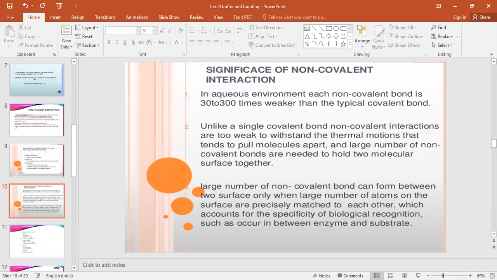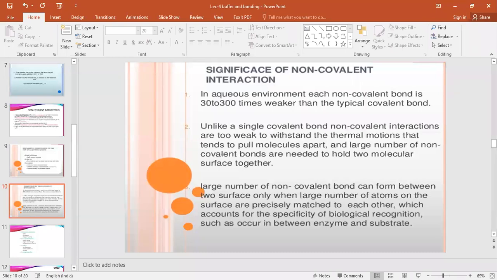This means the bonding happens when a large number of atoms that resemble each other are present, which accounts for the specificity of biological recognition, such as between enzymes and substrates. You know very well that the two are complementary to each other.